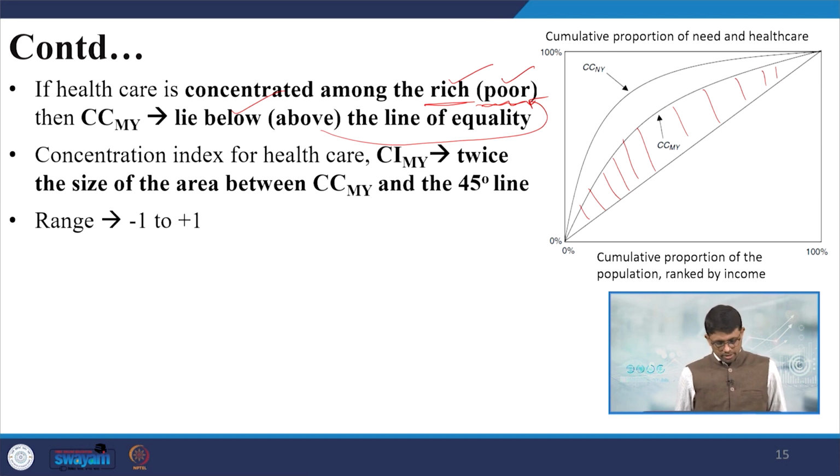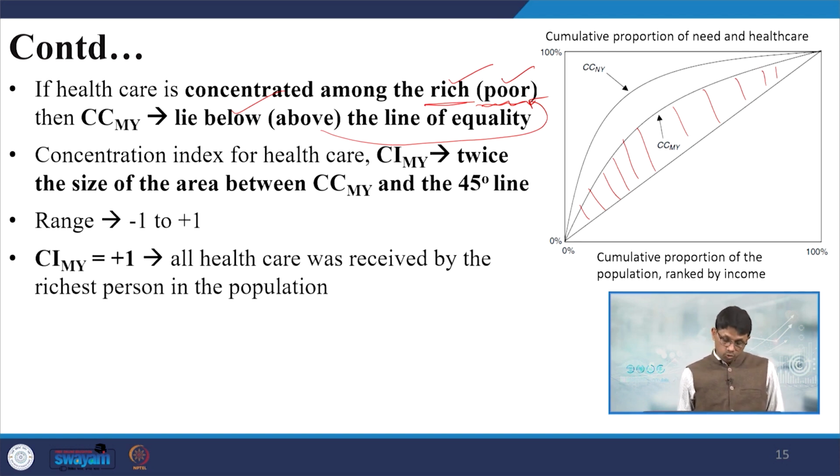Okay. And again, if it is +1, all healthcare was received by the richest person in the population. And if it is just a positive number, somewhere less than 1, then it is guaranteeing the fact that the distribution is actually helping the rich, and the richest are more benefited by the distribution.